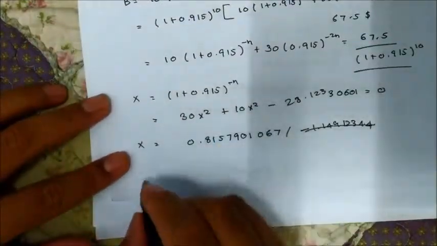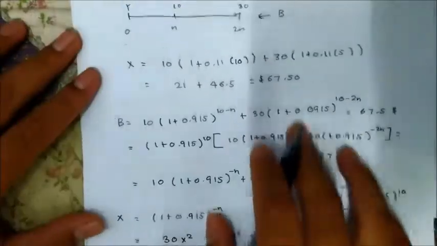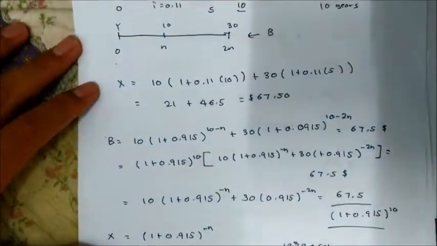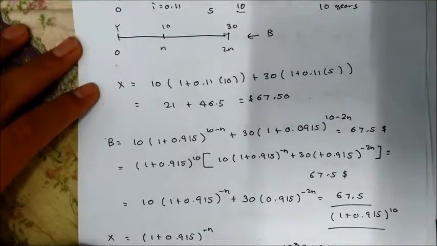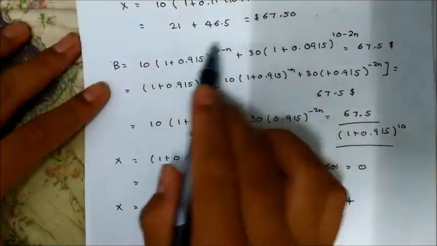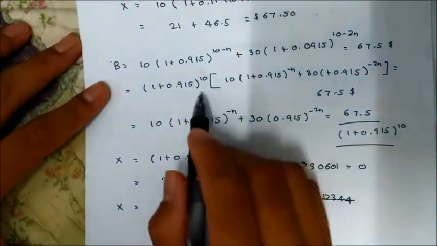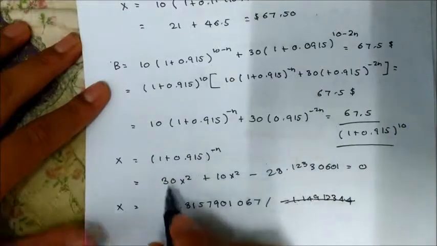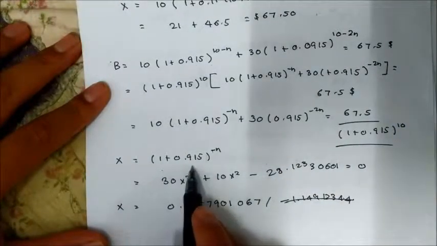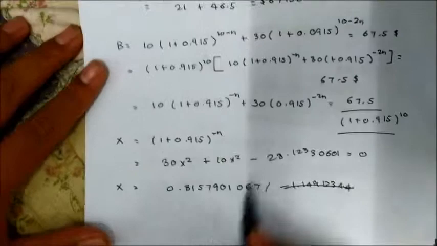Okay, so when we look back at the top, we let x equal 1.0915 to the power of negative n.